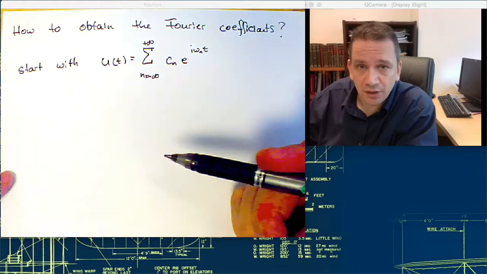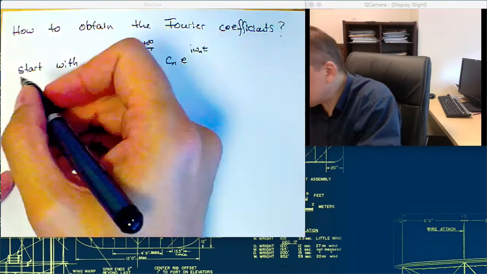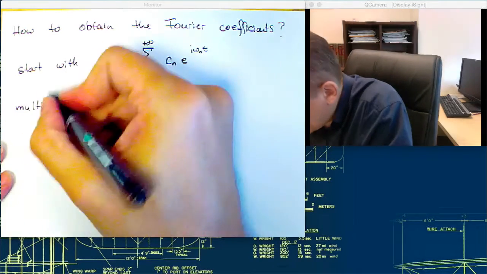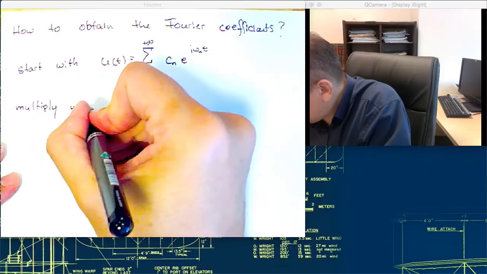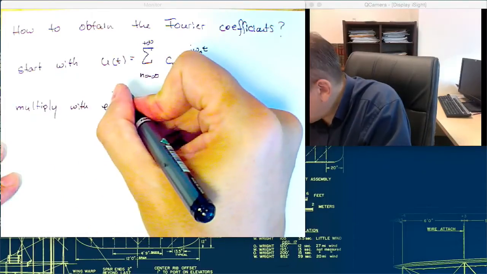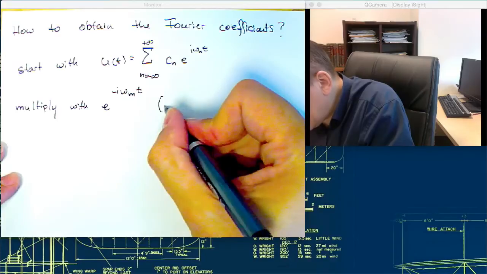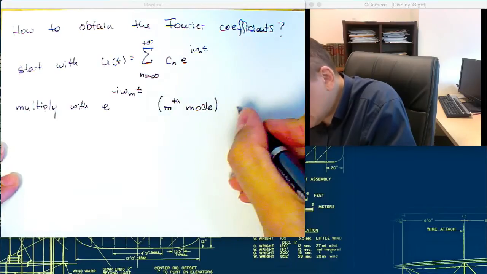So what we do now, we're going to multiply another frequency against it, and then we're going to take an average. So we multiply with e to the power i omega m t. So this is the nth mode, and then average.